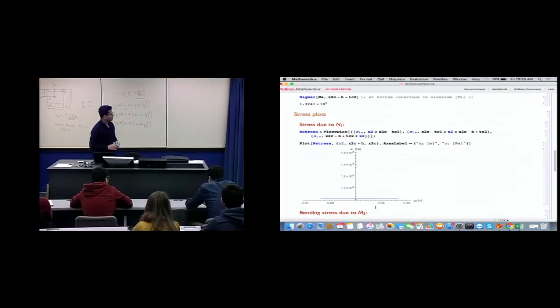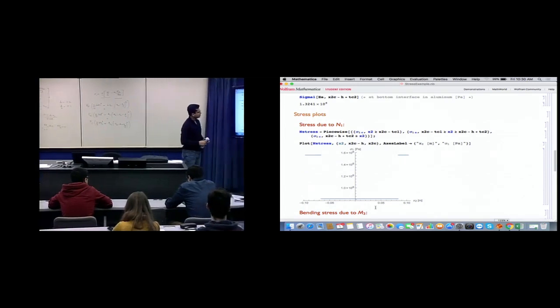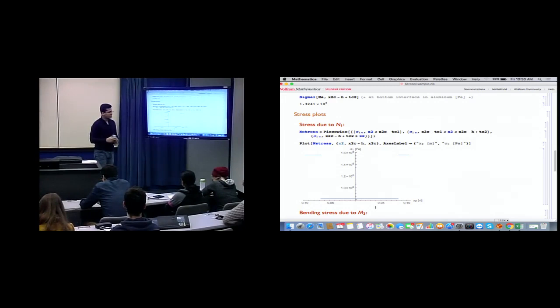and then plot them. So this plot shows stresses due to N1, so the axial load. We know that when axial load is applied, the stresses are constant, but they are different in different layers.